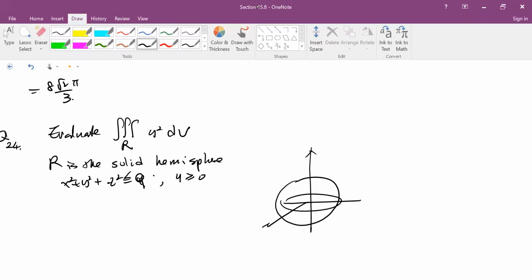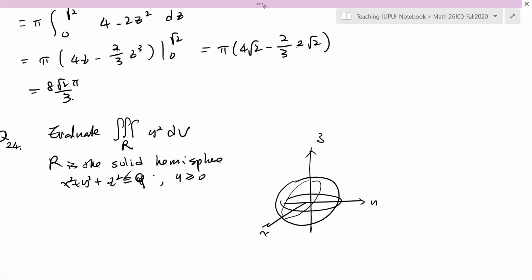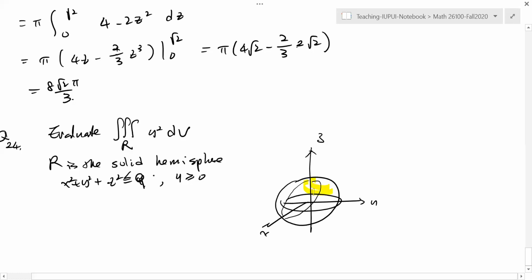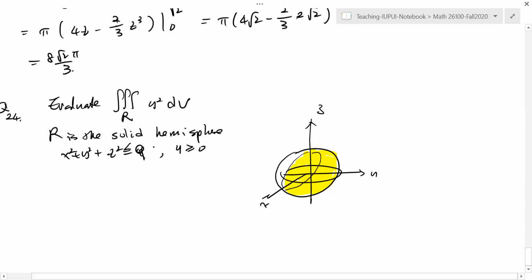So this is about the hemisphere. No, y is greater than 0, and not z greater than 0, right? So this is about this portion. I cannot draw clearly. Yeah, this is a part. Positive y. Okay. So how can I set up iterative integrals for this problem? There are many ways to do it, honestly.